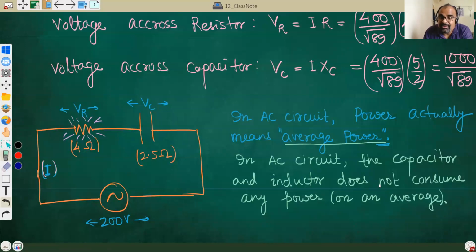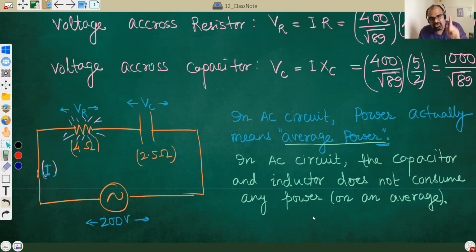Okay, I'll come back to this part later once more, and I'll also show you why capacitor and inductor does not consume any power on an average. But that why is not so important because frankly nobody is going to ask you why.